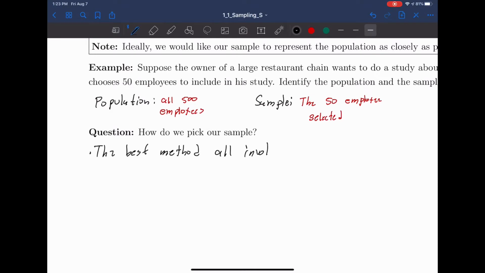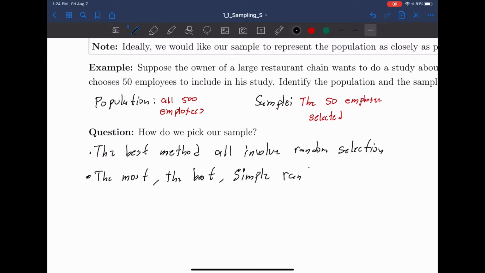The most common, and in many cases actually the best, is something called simple random sampling. There are others that we're going to talk about, but this is probably one of the best.